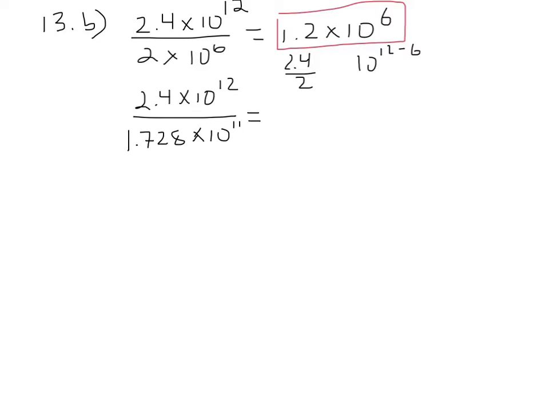So we take 2.4, we divide by 1.728, get 1.39 times, and then we subtract the exponents, 12 minus 11, so times 10 to the first power. We don't need to write the 1 in. So there you go. It takes you almost 14 days.